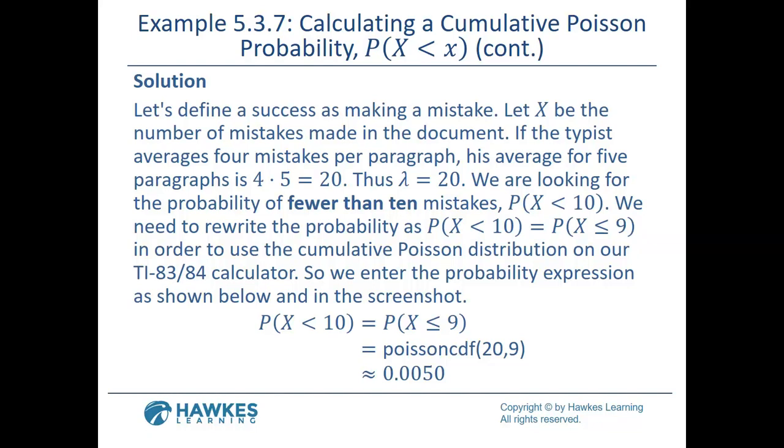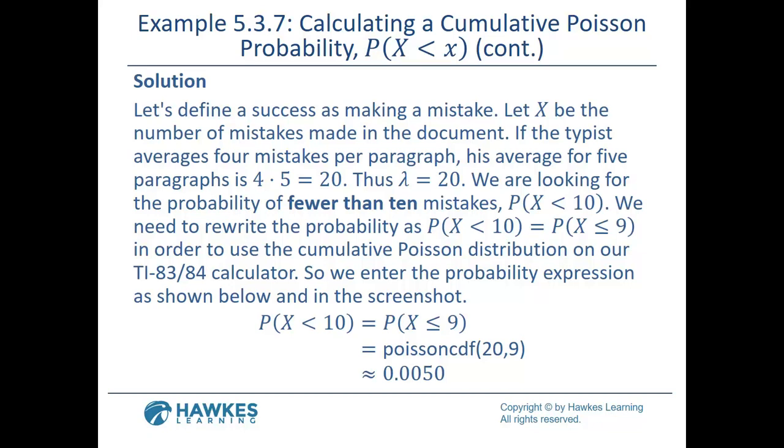Now, if the typist averages 4 mistakes per paragraph and his average is for 5 paragraphs, 4 mistakes per paragraph times 5 paragraphs means we're looking at 20 mistakes as our average for the 5 paragraphs. So our lambda there is 20.